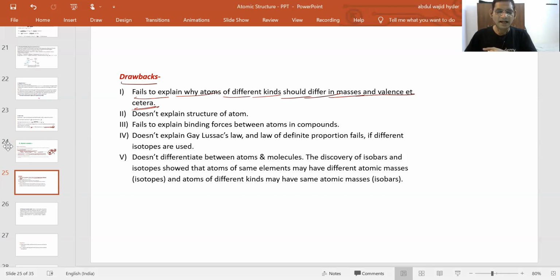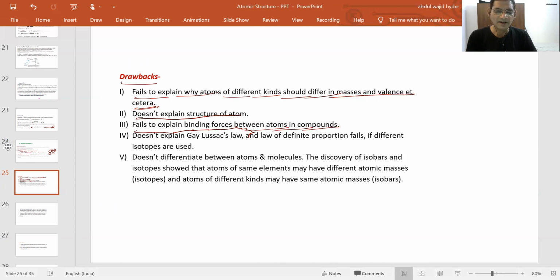This Dalton's atomic model does not explain the structure of the atom. It fails to explain binding forces between atoms and compounds.